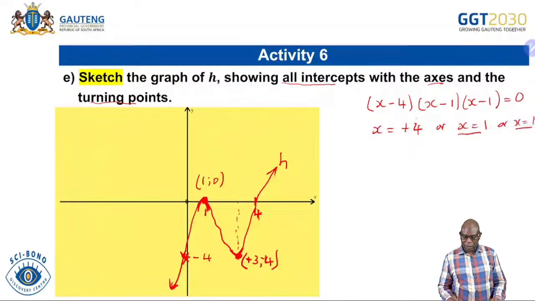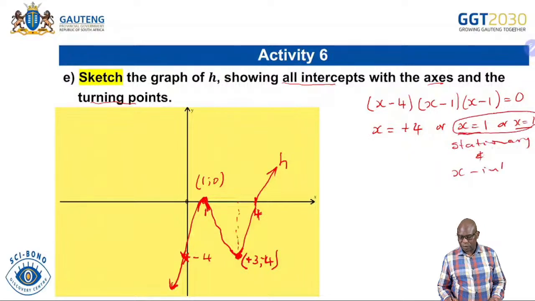So if you see something like this, you must know that this point here, x equals 1, will also serve as a turning point. So it will serve both. It will serve as a stationary point, and also serve as an x-intercept.